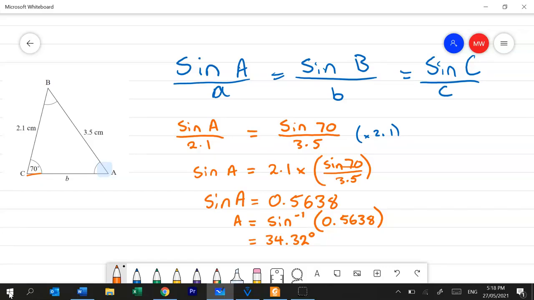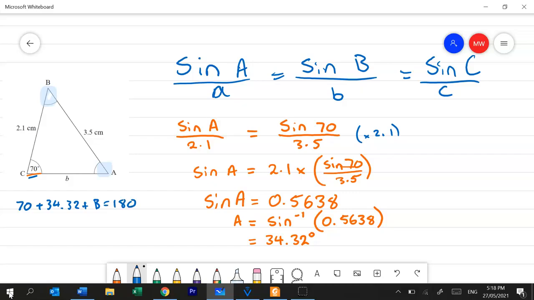Now, if it had also asked us to work out what all of the angles of the triangle are, we don't need to stress too much because we know that the angle sum of the triangle is going to be 180. So we can just say that 70, which we've already got, plus the 34.32 that we've just worked out, plus B, our last remaining unknown, will be 180.